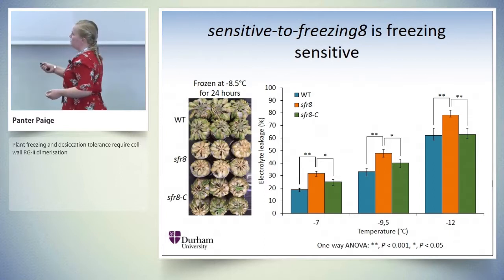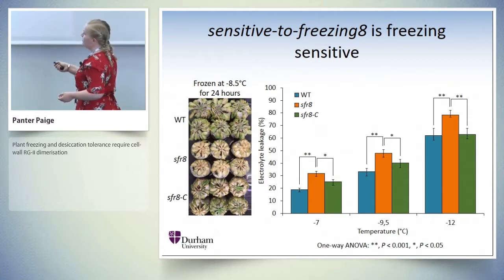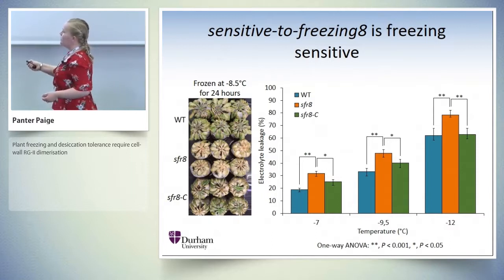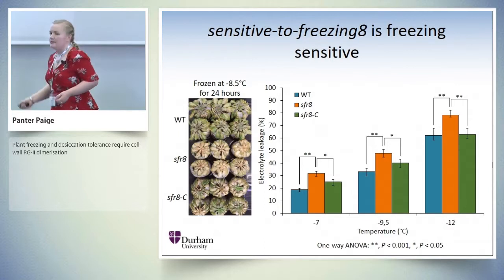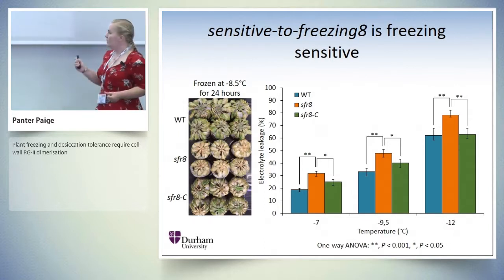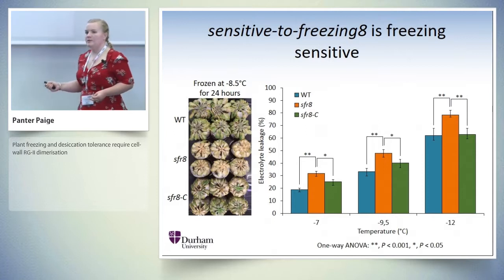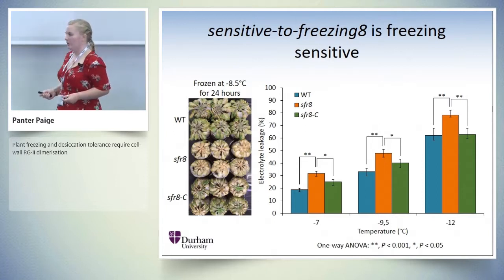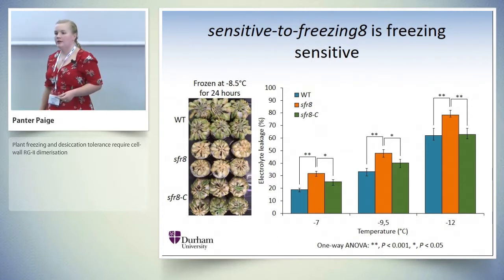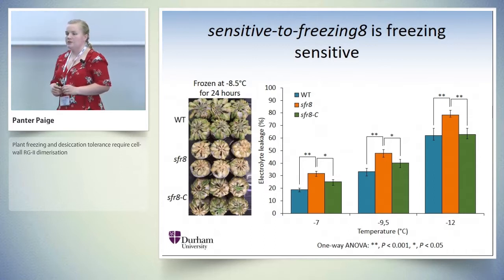So we get this measure of percentage electrolyte leakage. We can see that the SFR8 mutant has a statistically significant increased electrolyte leakage from cells during freezing compared to wild type. And this is, again, reduced in the complemented line, the mutant that's got the original gene expressed in it.